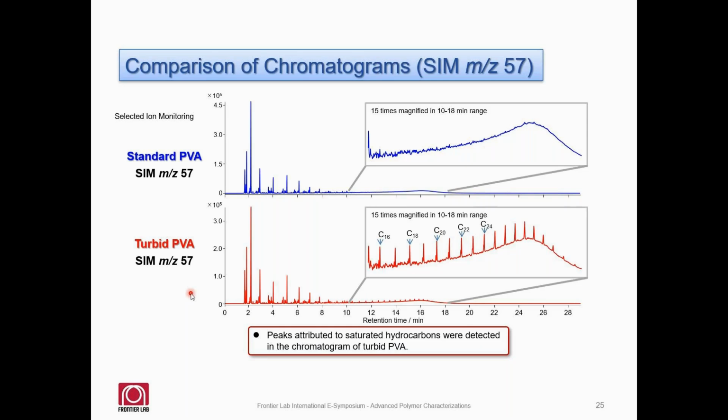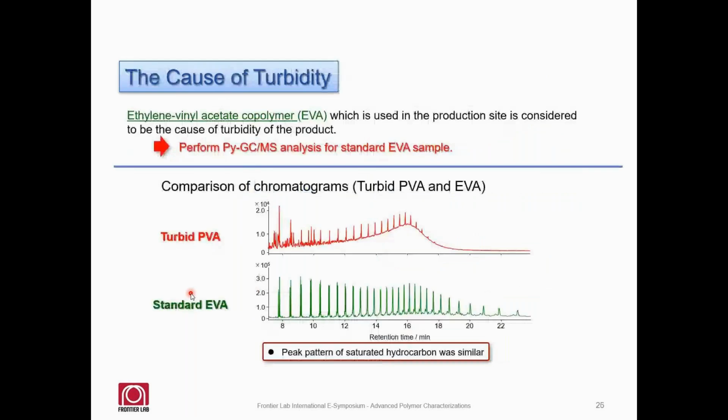We don't know what that is, but to find out, we took the standard and monitored m/z ion 57, and then we ran the EVA. We found that the series of peaks appearing in the turbid PVA are very similar to the pattern that you see in the standard EVA.